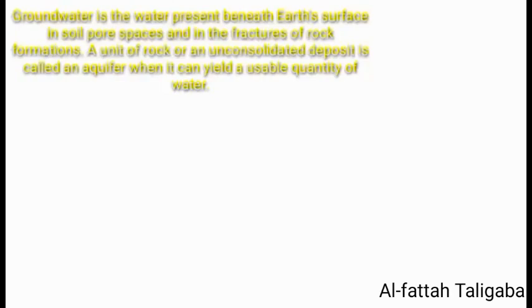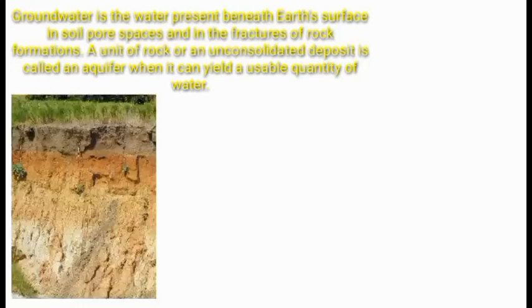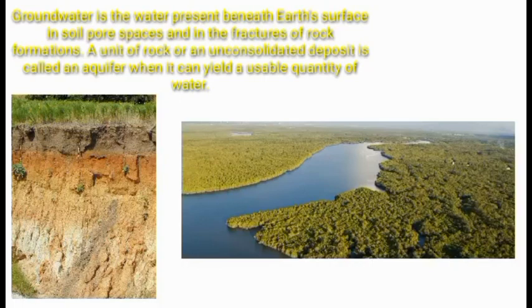Groundwater is the water present in the Earth's surface, in soil or the spaces, and in the areas of rock formations. A unit of rock or unconsolidated deposit is called an aquifer.